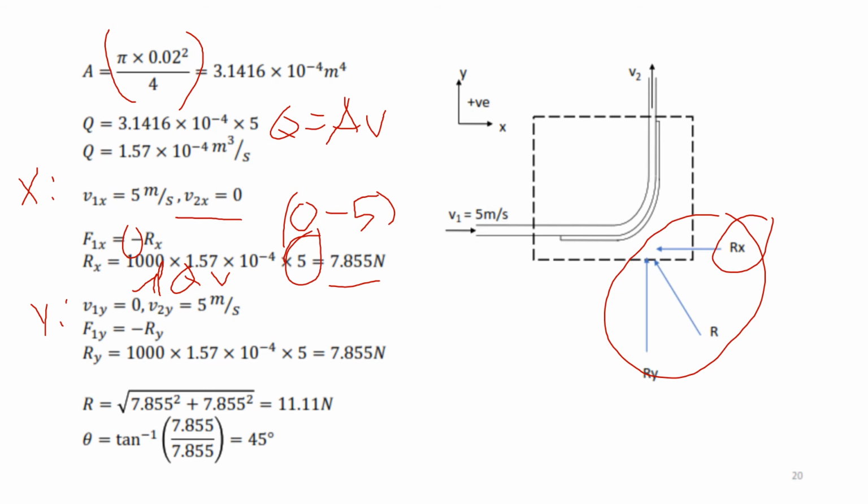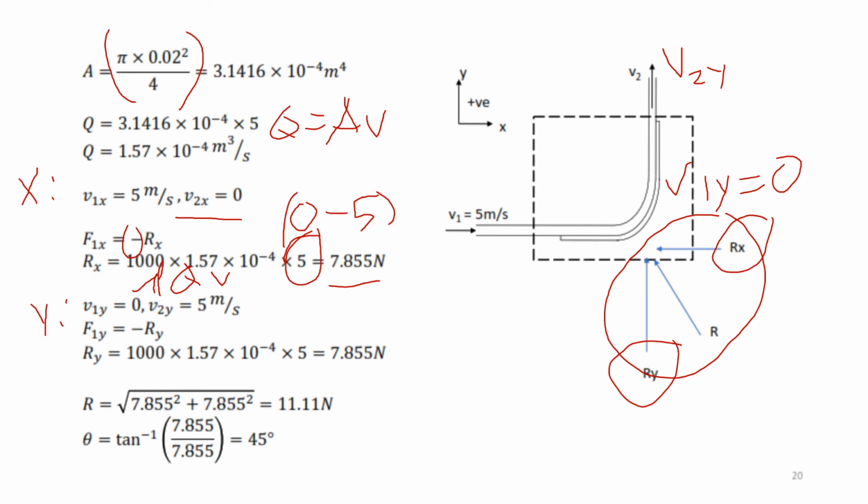Then we solve for the y direction. For the y direction, as I mentioned just now, v2y is 0, sorry, v1y is 0. So we have v2y here. We also have negative Ry because it is in the opposite direction.